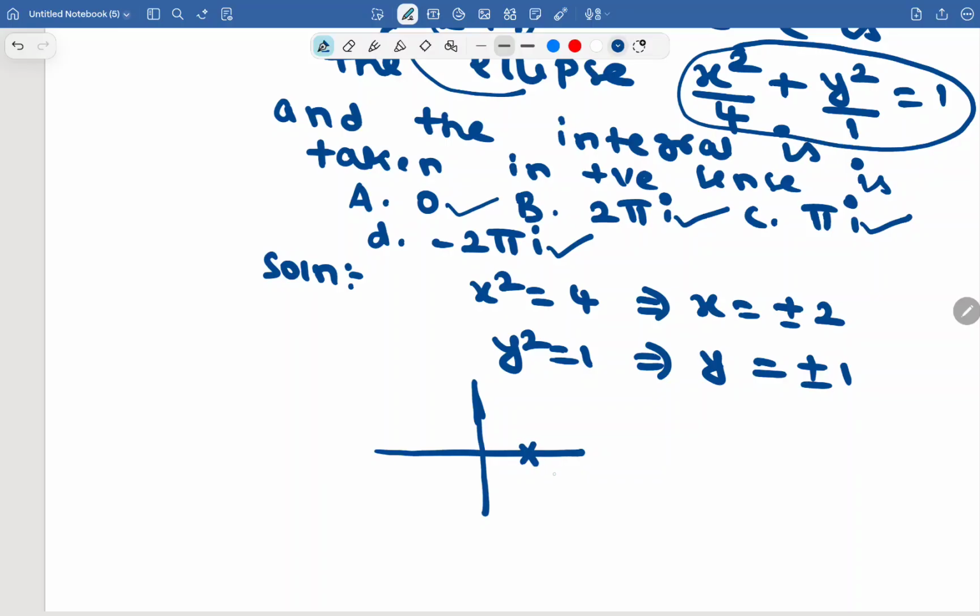This is 2, 0. This is minus 2, 0. This is 1, 0. This is minus 1, 0. The ellipse looks like this.